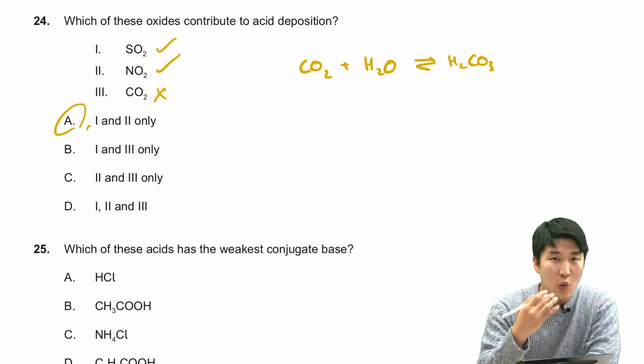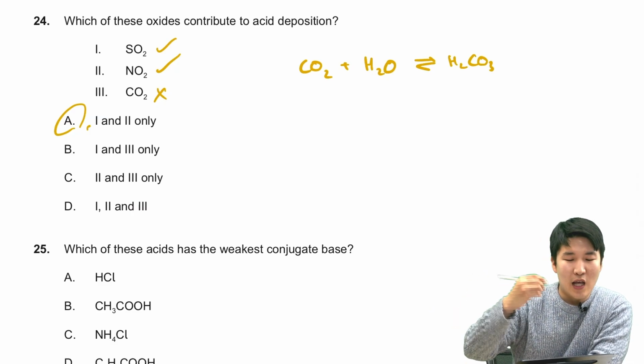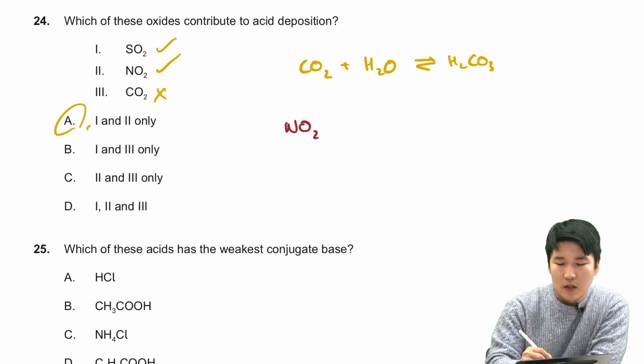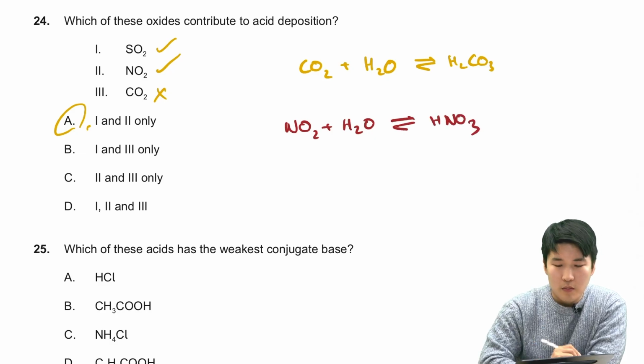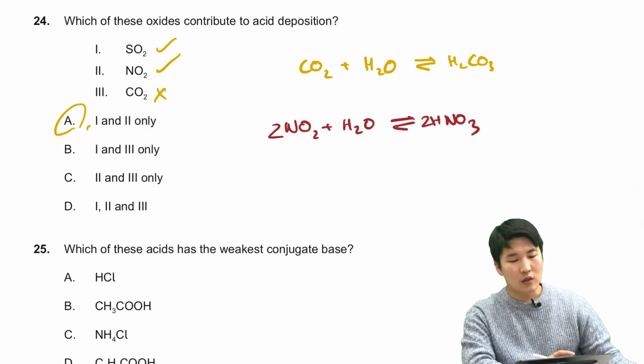Just to talk a little bit about how SO2 becomes sulfuric acid, NO2, nitric acid. Start with nitric acid. It's a bit easier. Simply speaking, add H2O, we will produce HNO3. But to make sure we have the correctly balanced equation, let's add 2 NO2, 1 H2O to give 2 HNO3.